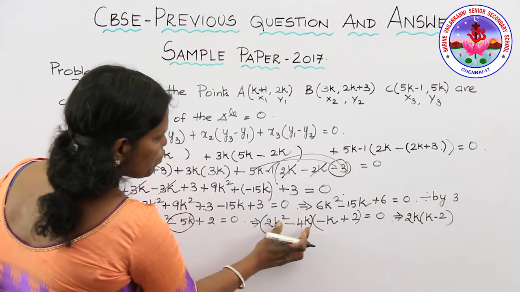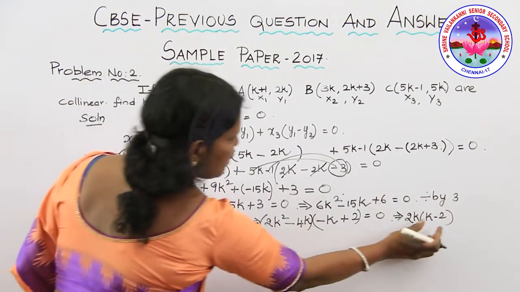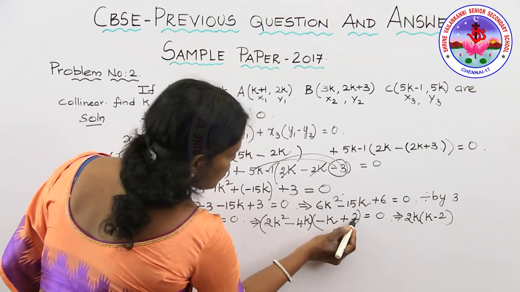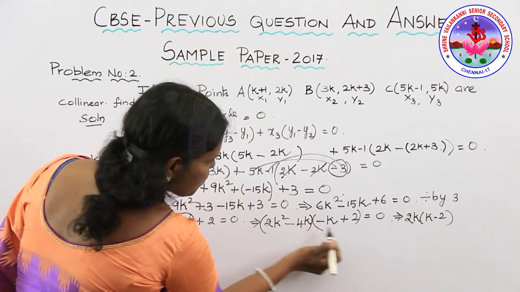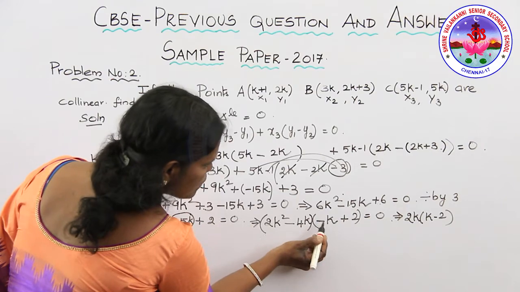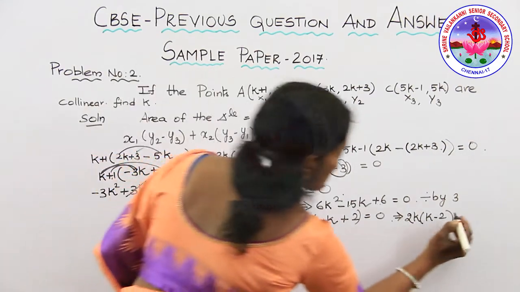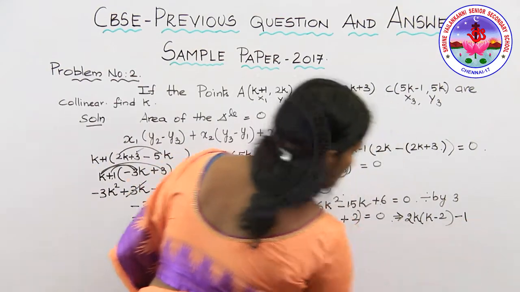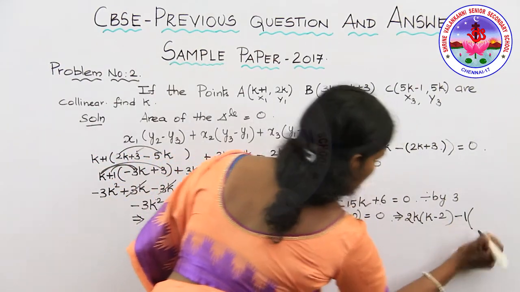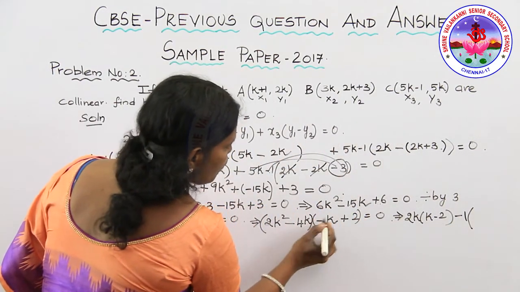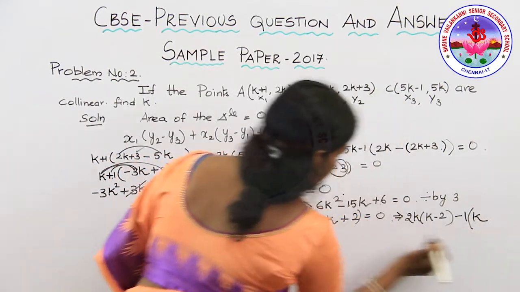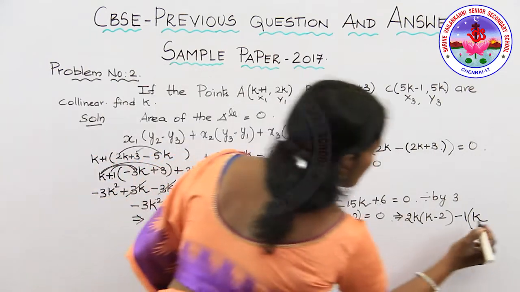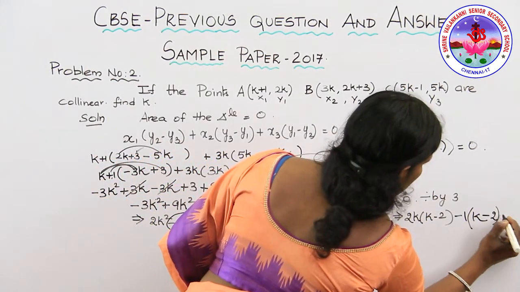I am taking 2k outside, remaining will be k minus 2, and in the second bracket I have minus k plus 2. Since in the second bracket you have the first sign as minus, I have to take the minus outside. So minus, there are no common multiples, I am taking it as 1. So minus 1, this minus goes off, I will be having plus k, and in this plus sign I have 2 minus. 1 minus, I am taking it outside, I will be having minus 2.